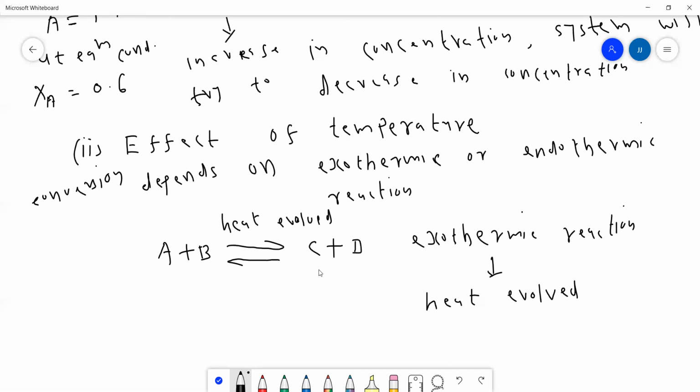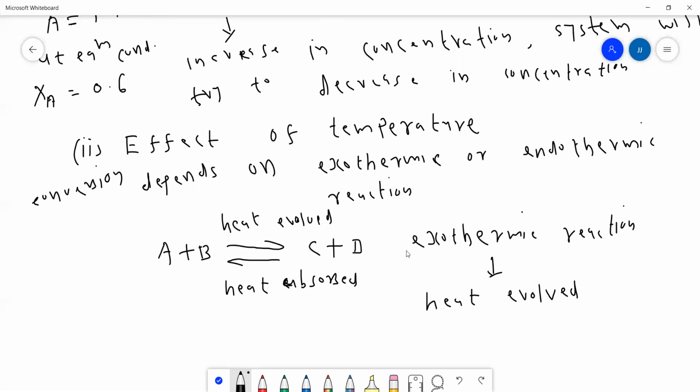And in the backward reaction, when C plus D react, heat is absorbed. It is absorbed during this reaction when C reacts with D, for the exothermic reaction.